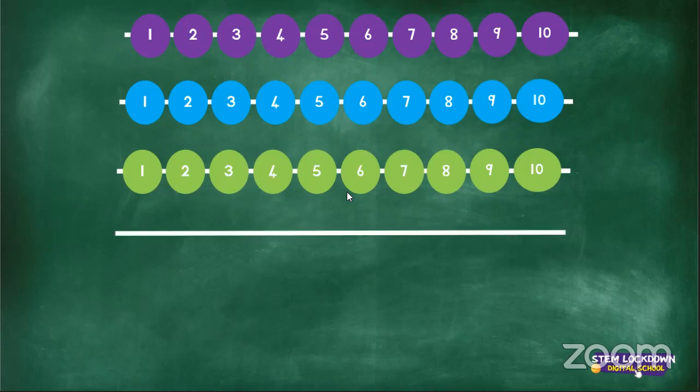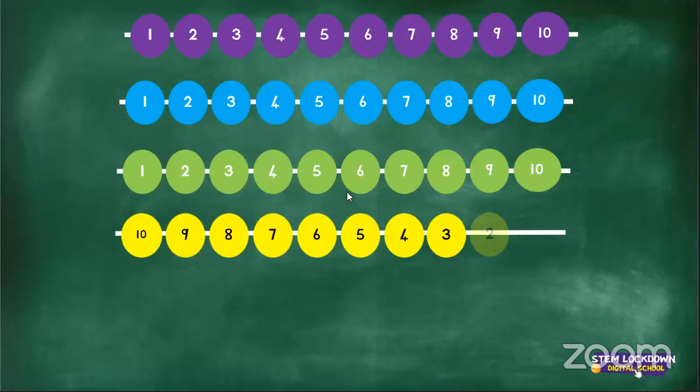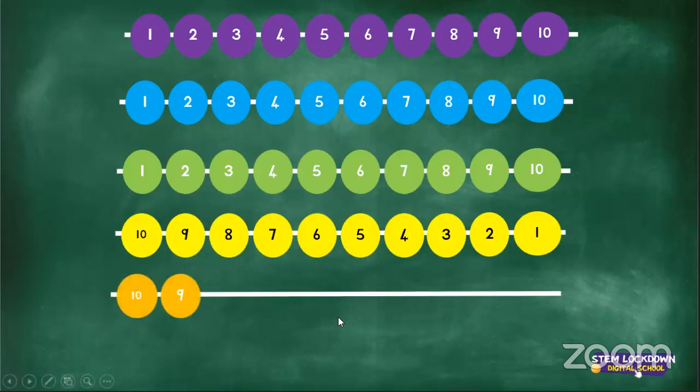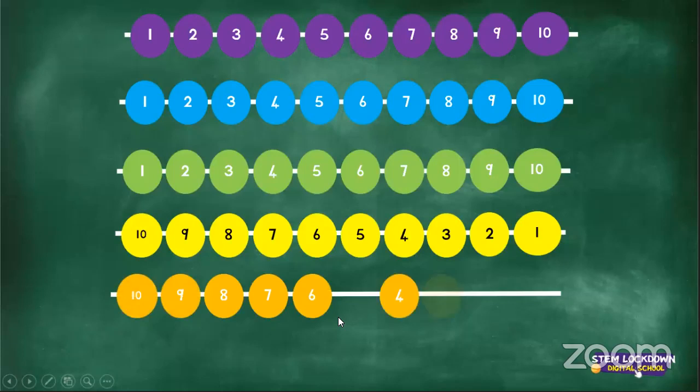Well done. All right. Now we've got the tricky one. That's counting backwards. So have a look at the yellow bead line. The yellow bead line is counting backwards from 10 to 1. So let's have a look and see. In the bead line that's counting backwards, which numbers are missing? In the orange bead line, have a look and see which numbers are missing.